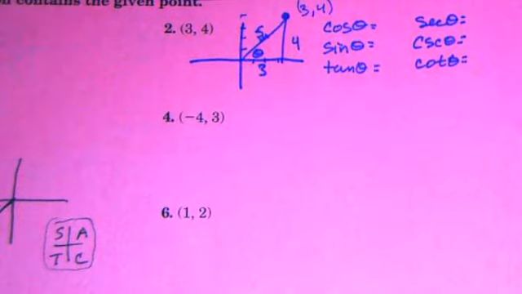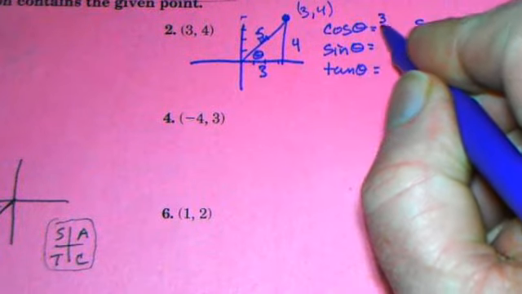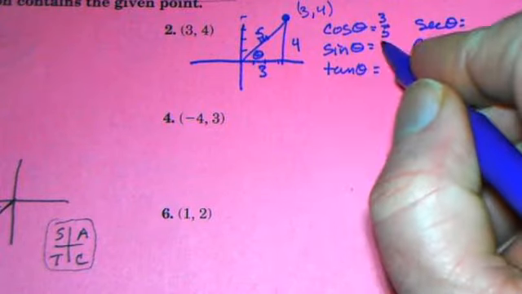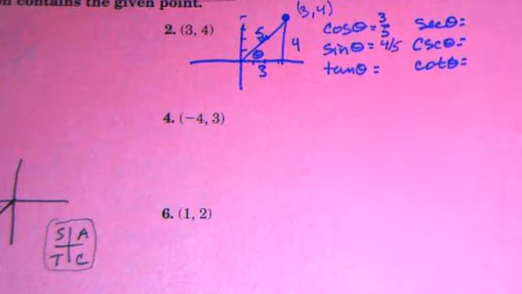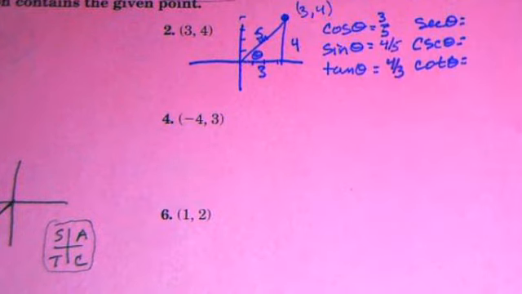Cosine is adjacent over hypotenuse. 5 is the hypotenuse, 3 is the adjacent, so we get 3 over 5. Sine, opposite over hypotenuse, 4 over 5. Tangent, opposite over adjacent, 4 over 3. We want to do secant, cosecant, and cotangent, which are the inverses.